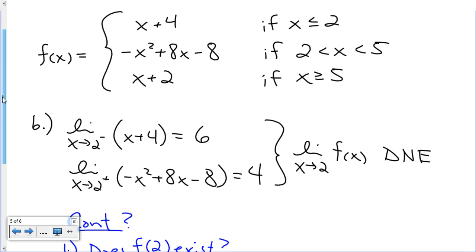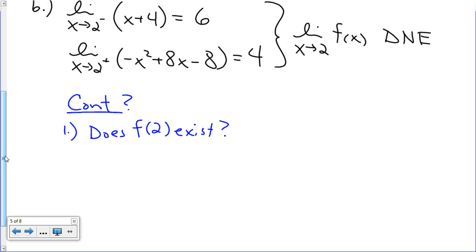That would be the x plus 4. So I can calculate that f of 2 is equal to 2 plus 4, which gives us 6. So yes, in fact, f of 2 does exist. Maybe I'll put a yes at the end of this here to answer our question. We'll say yes to the first part.